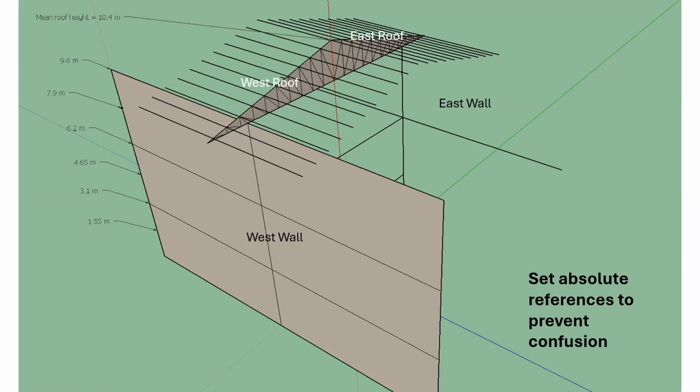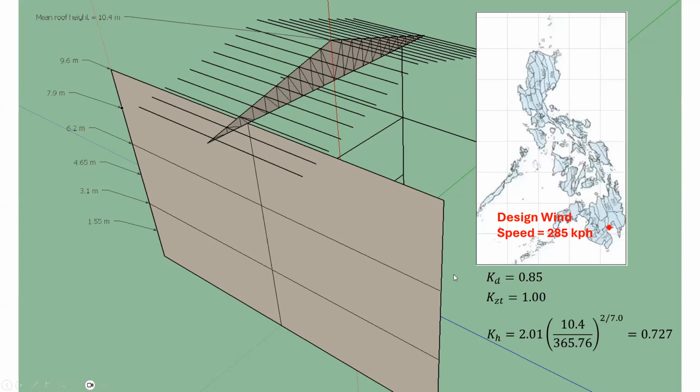So for example, you have your building, pwede mong sabihin na yung west wall, yung east wall, yung west roof, yung east roof, yung north wall, and yung south wall. Para madali nating ma-distinguish every time kung saan i-apply loading on every case dun sa directional procedure natin.